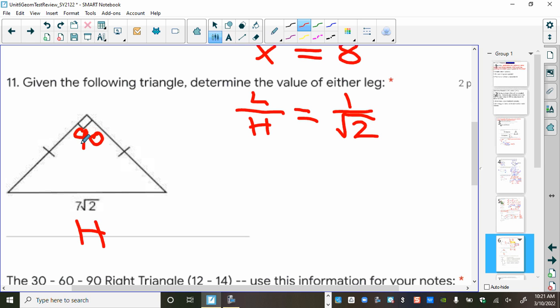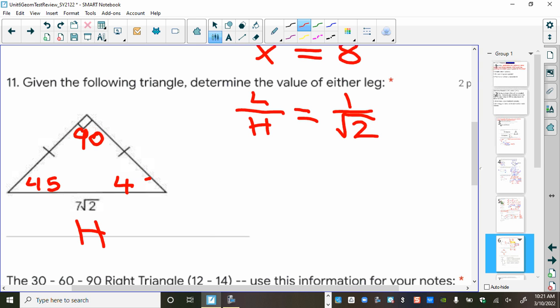So if they're congruent, what do we know about the measures of these two other angles? They're equal. So what's the only number that could possibly work, if we already have 90? 45. Yep, you have to have 45s here and there.